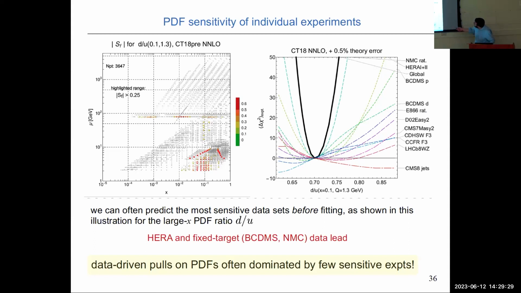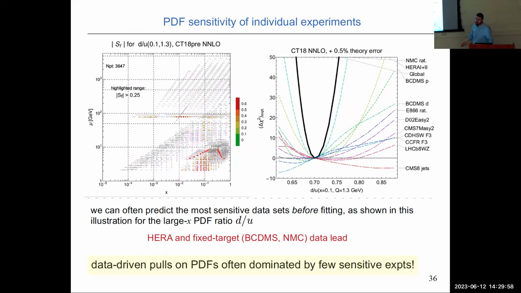So for instance, if I think about the sensitivity, which is something like the pulls of each of these data sets that I quantify according to some figure of merit, in this case for the ratio of the d to the u quark at relatively high x, you see that the colorful points are the ones that have particularly large sensitivity. Then you see that most of the data in the global set are grayed out. And the red ones are, for instance, the fixed target Drell-Yan data from E866.